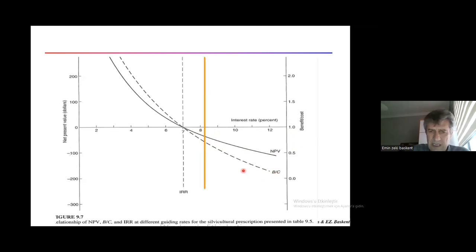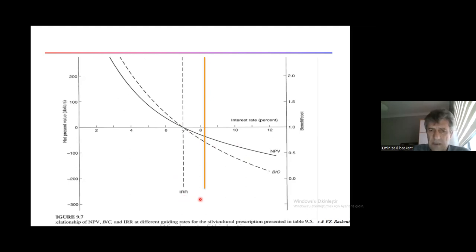The threshold we use for the benefit cost ratio is 1. If it is greater than 1, it is the feasible region. If it is less than 1, in terms of benefit cost ratio, it is infeasible. Similarly, if net present value becomes negative, it is infeasible. If it becomes positive, it is feasible.